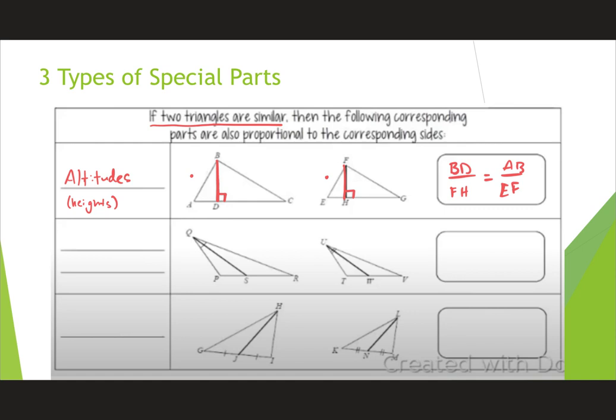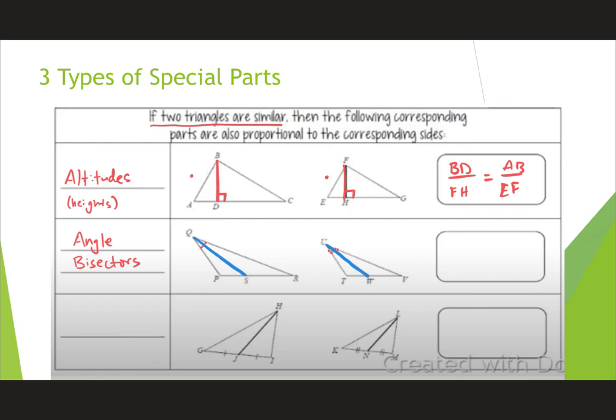Now this next one up is, hopefully you can tell by the picture, angle bisectors. As a reminder, angle bisectors cut the angle in half. And when you have an angle bisector, then the bisector itself is proportionate to corresponding sides.